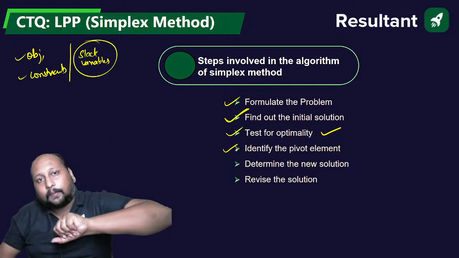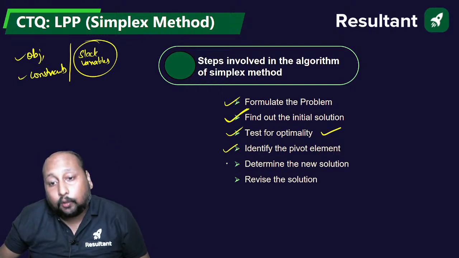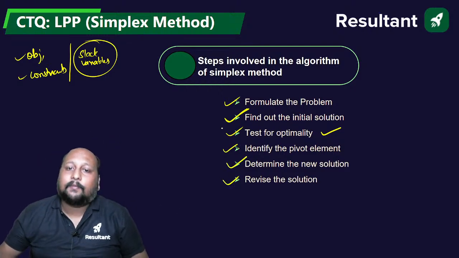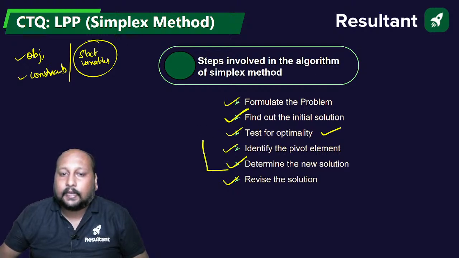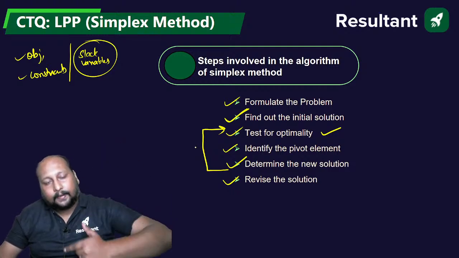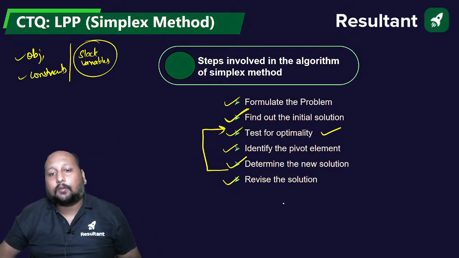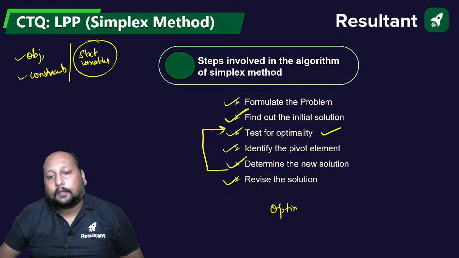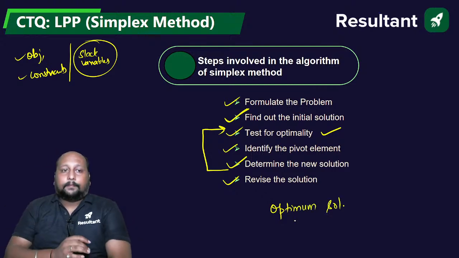Then once we identify the pivotal element, we try to identify the new set of solution, and again this step will be repeated. This way your iterations go on, a repeated calculation goes on until finally you are getting an optimum solution. Clear है? Understood?